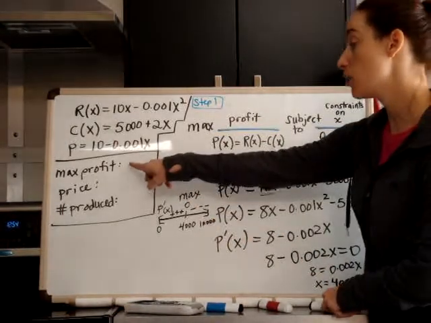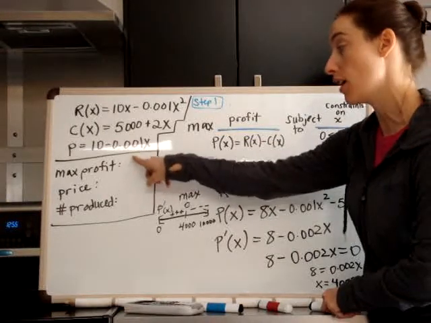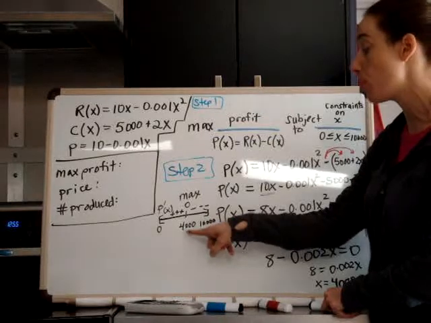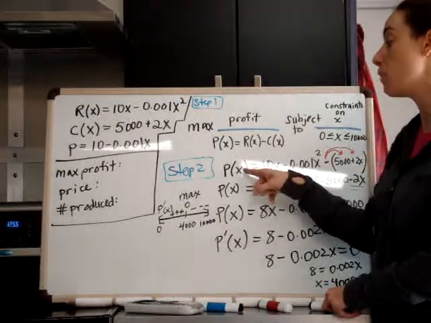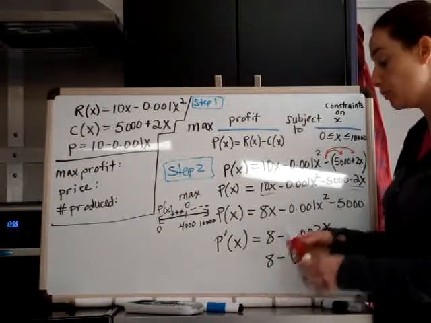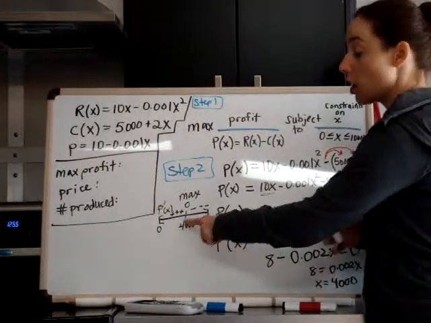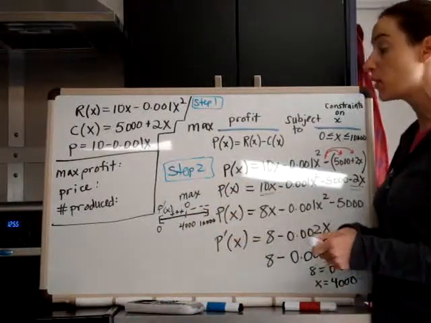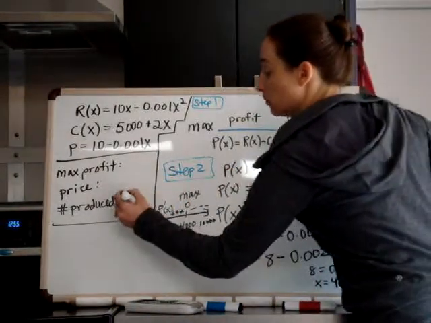So I can answer the maximum profit based on an x value of 4,000 if I plug that 4,000 back into my profit function. That's what I'm going to do to answer the maximum profit. I have technically already found how many items should be produced to maximize the profit. That's 4,000 markers, so I can fill this one in.